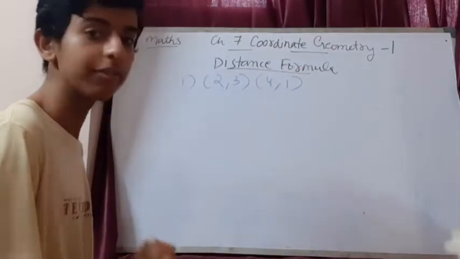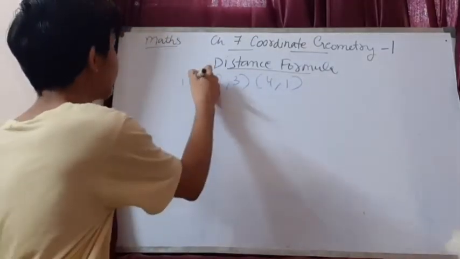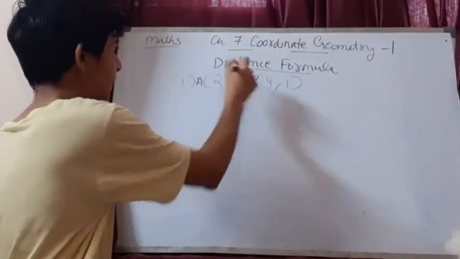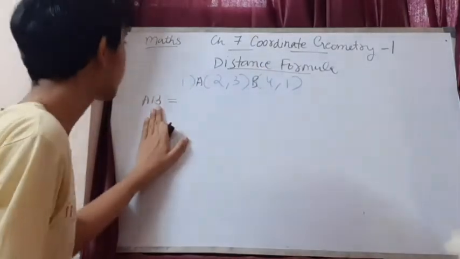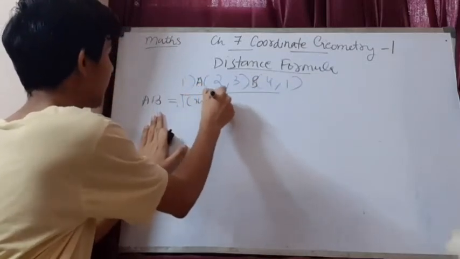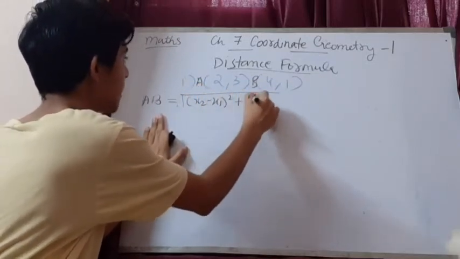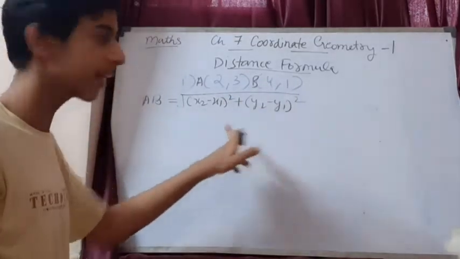Now how are we going to find the distance by the distance formula? First you will write, let's say this is A, this is B. So the distance AB will be equal to under root of (x2 minus x1) whole square plus (y2 minus y1) whole square. Getting it?